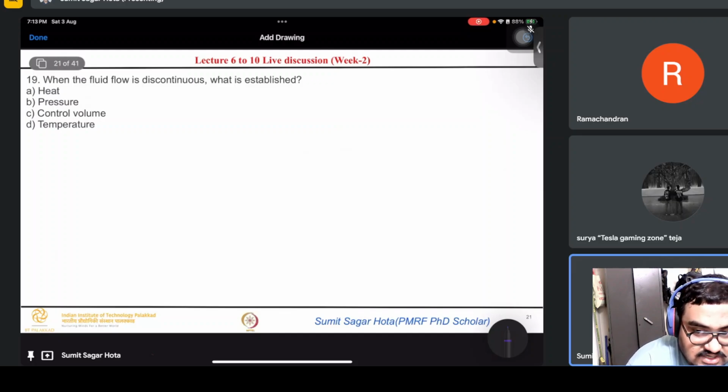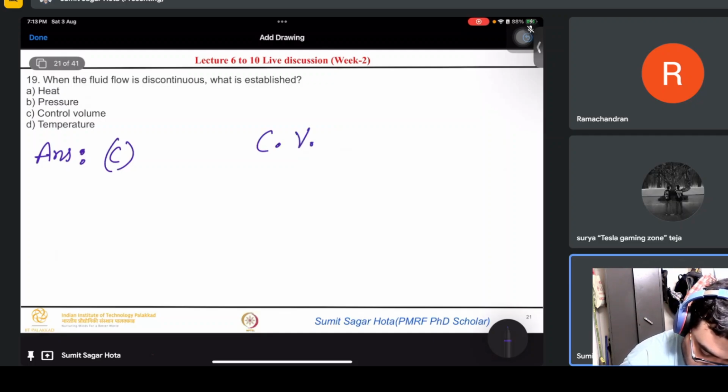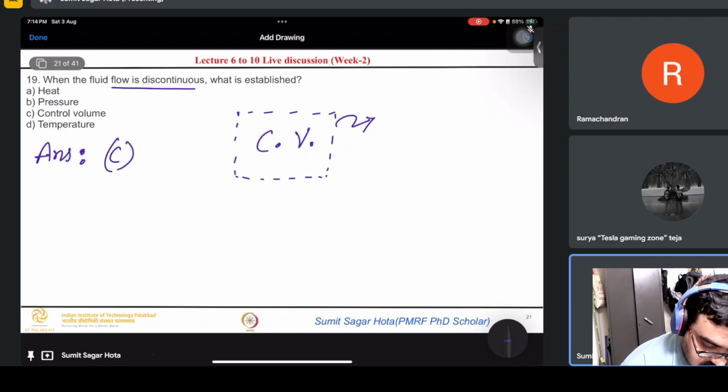If you don't know the answer, you can just choose control volume. So when this flow is discontinuous, there are chances of formation of a control volume, and it is established around the shock wave.